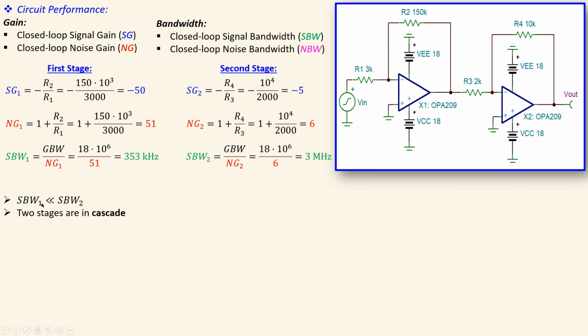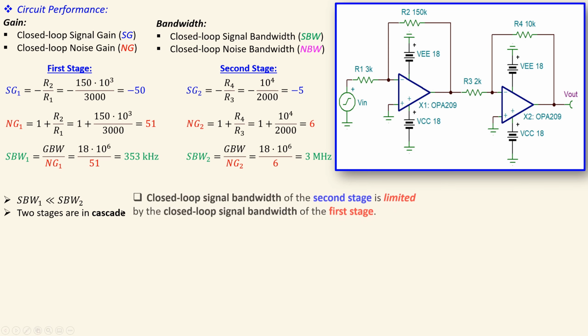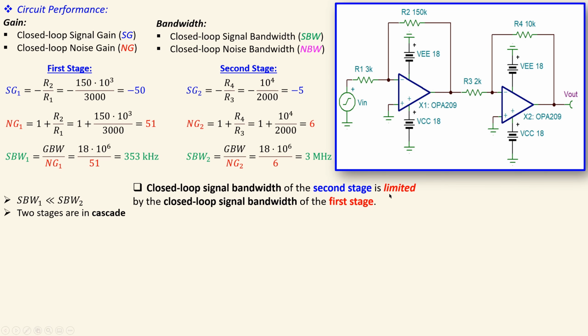Now for these two conditions, since the first stage has a much smaller signal bandwidth than the second stage, and it is in cascade, the closed-loop signal bandwidth of the second stage is limited by the closed-loop signal bandwidth of the first stage. So that is the condition we have here. And that means the signal bandwidth of the second stage is also approximately equal to the signal bandwidth of the first stage. So you can say this signal bandwidth, which is independently calculated for the second stage, will not occur for the complete circuit.